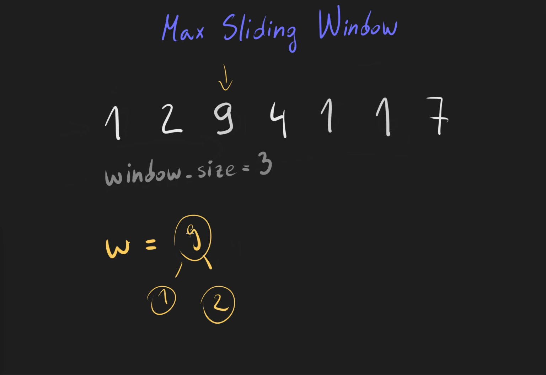Whenever we try to print the max values, the max in the max heap is its root.